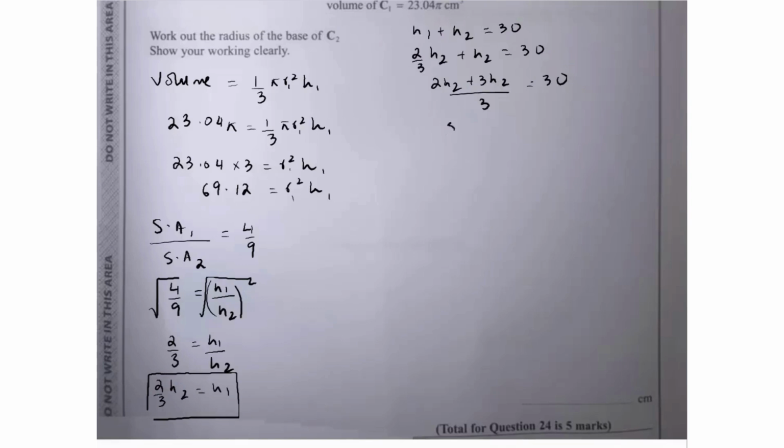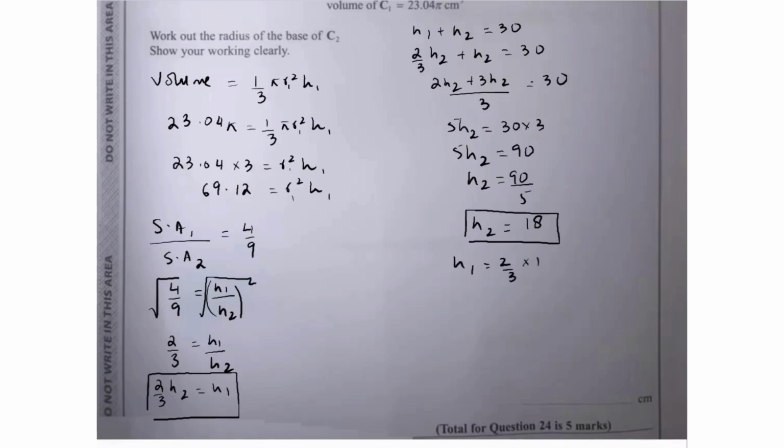So that's 5h2 equals 30 times 3, which is 90. And h2 is going to be 90 divided by 5, and that is 18. Which means h1 is going to be 2/3 times 18, and that is 12 centimeters. So h2 is 18 centimeters, h1 is 12 centimeters.